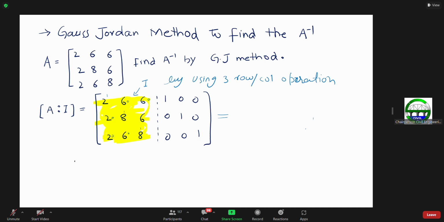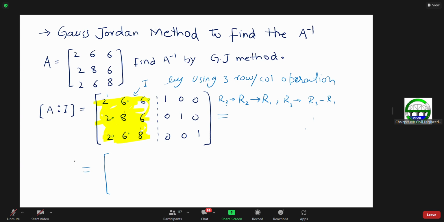My first move, my operation will be interchange R2 with R1, and R3 will be equal to R3 minus R1.